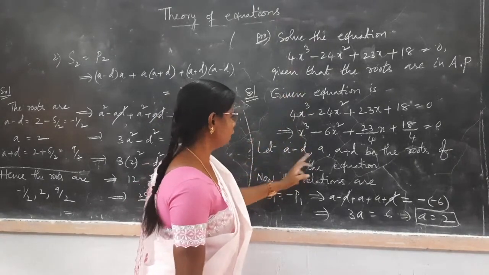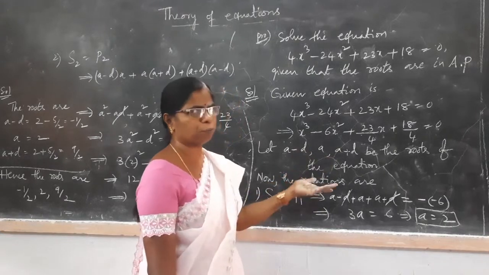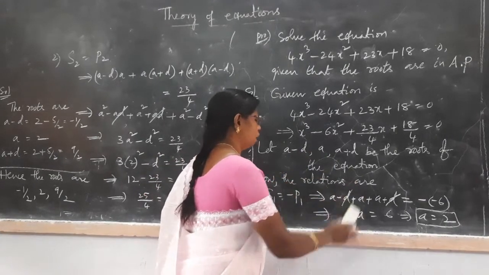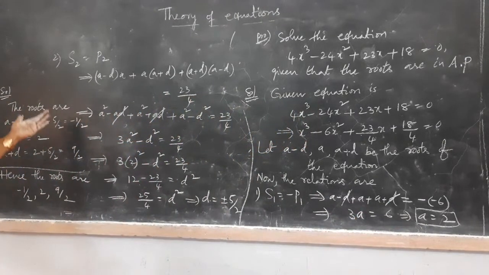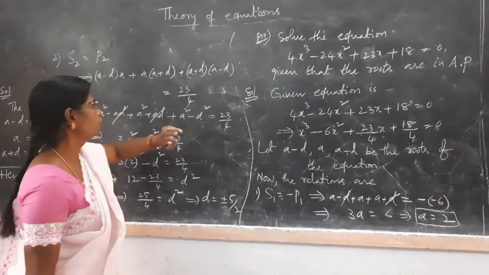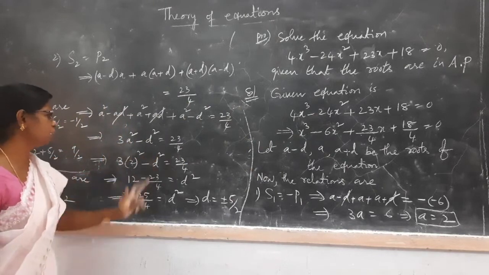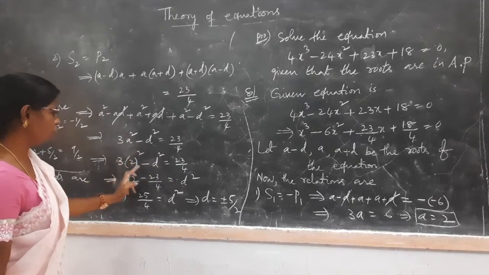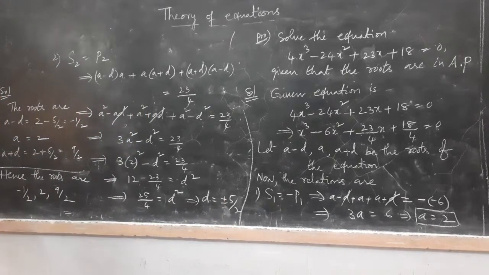Since the roots are in AP, I took them as a minus d, a, a plus d; with a common difference they are automatically in AP. The first relation s1 is equal to minus p1 makes d cancel and gives the value of a. The second relation, s2 equal to p2, alpha beta plus beta gamma plus gamma alpha is equal to 23 by 4. Multiplying and simplifying and substituting a, we get d is equal to plus or minus 5 by 2. You can take plus 5 by 2 or minus 5 by 2. So we got a and d, and now we write the roots. That is our problem.